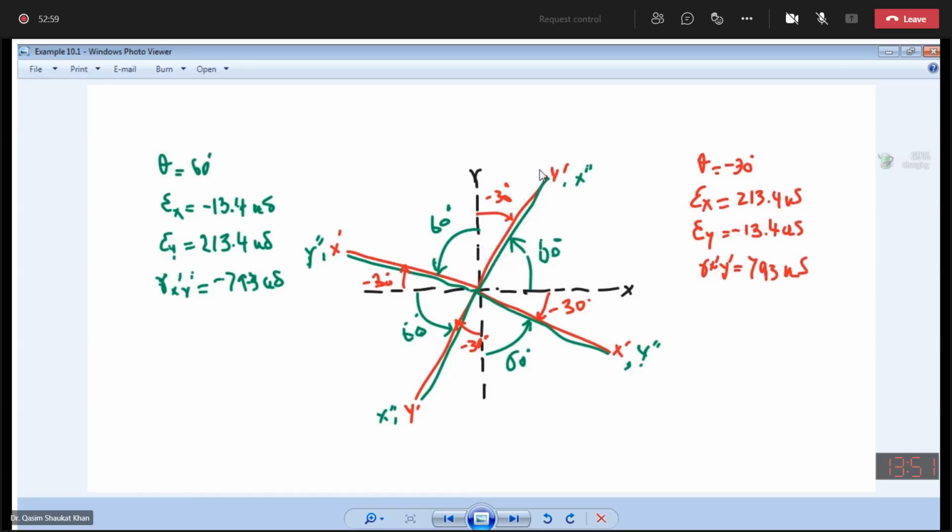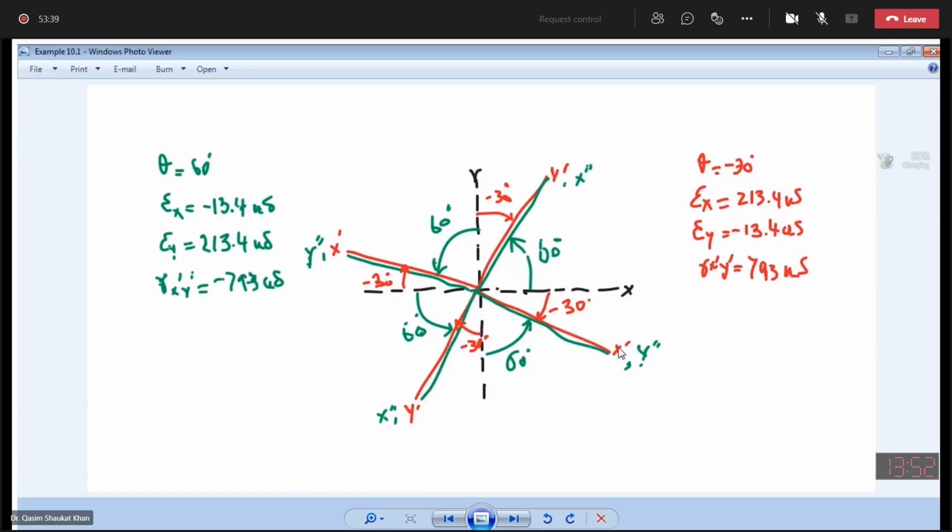Now in the second case, I asked you that your element is oriented at an angle theta 60 degrees counterclockwise. So now with respect to the x-axis, your element is oriented at an angle theta positive. So this is your x double dash axis. Then your y dash axis is also oriented at positive 60 degrees. So this is your y double dash axis.